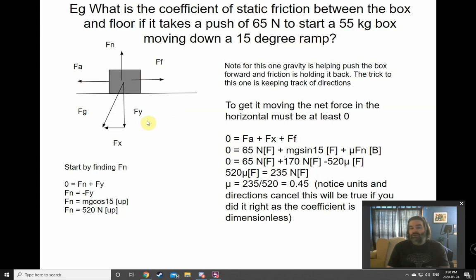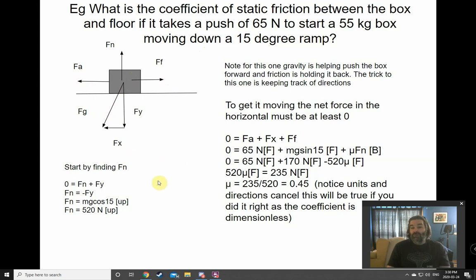Otherwise, you have no idea what's in what direction. And in this case, it's really important because you'll notice the applied force, if we're pushing it down the ramp, is actually going to be in the same direction as the x part of gravity, because you're going down the ramp. So gravity is going to help you. The force of friction will be the one in the backwards direction. So we'll make all these forward, all these backwards.